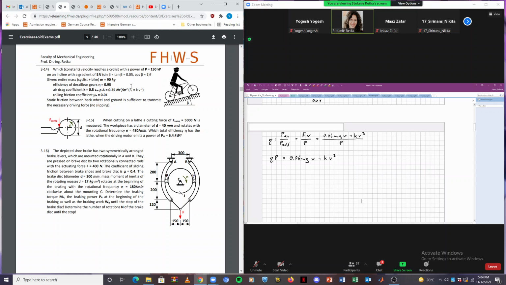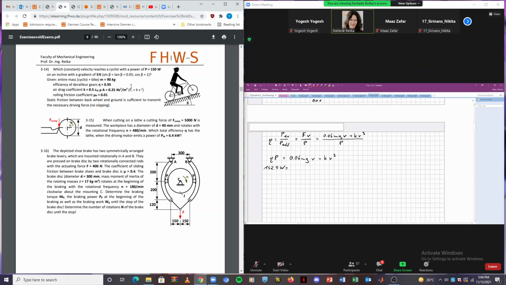Okay, now I will substitute all the values given. The efficiency is given with 0.95, the power is given with 150 watt. Then we obtain 142.5 watt.